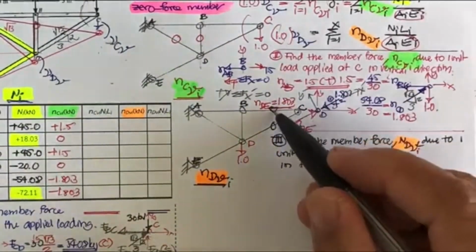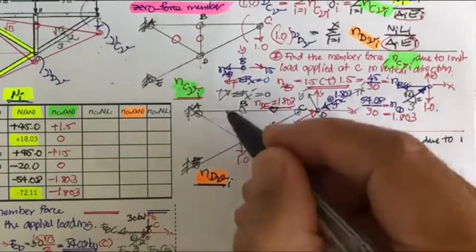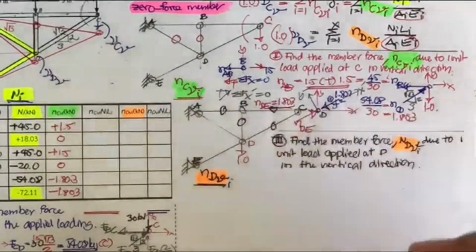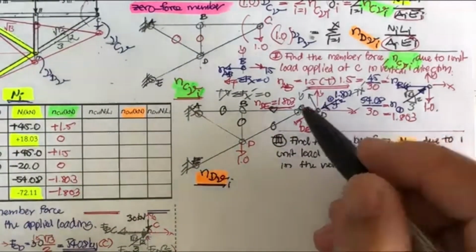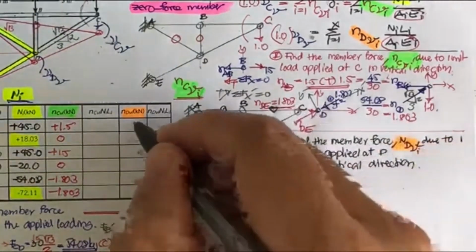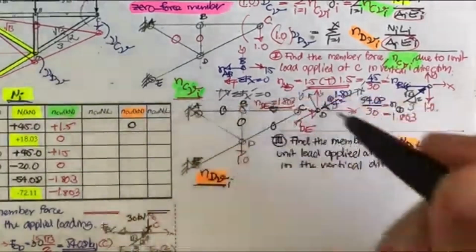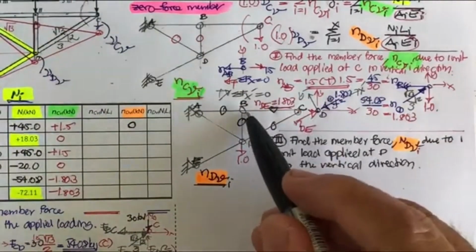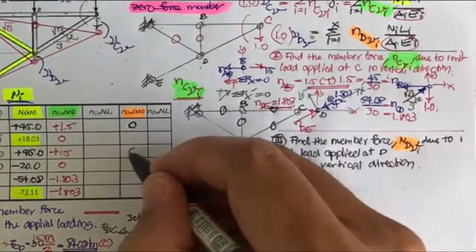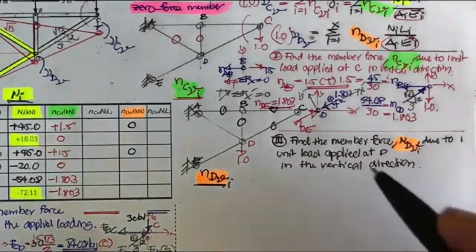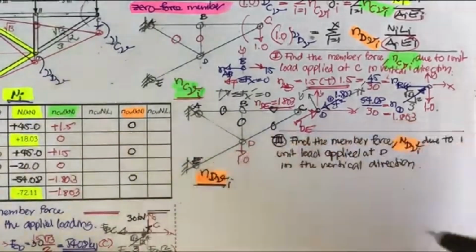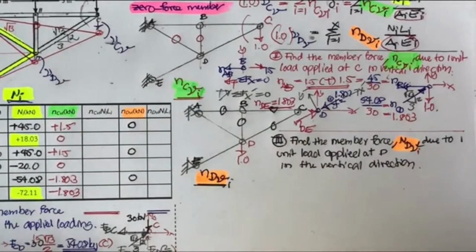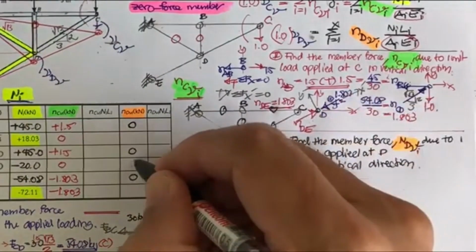Then AB is 0, BC is 0, CD is 0, and BD is 0.